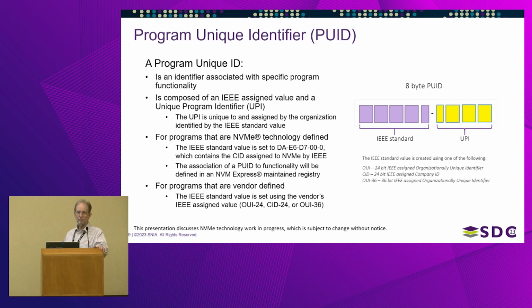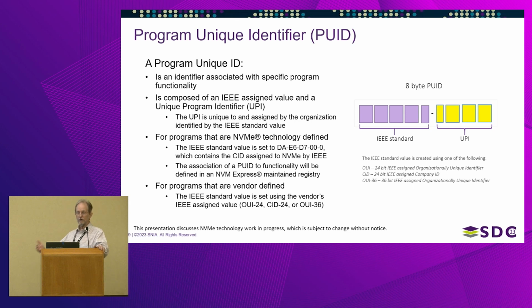So there will be a mapping available between those. For example, when SNIA defines its program identifiers, there will be documentation that says this program identifier maps to this program unique identifier in NVMe.